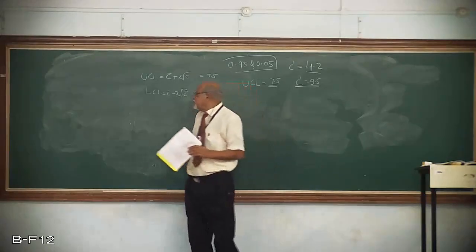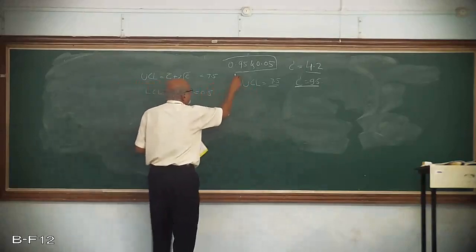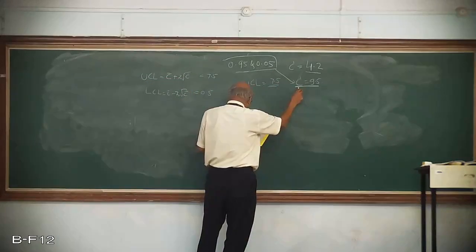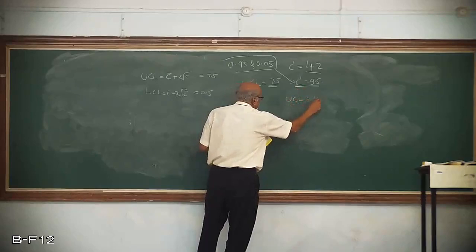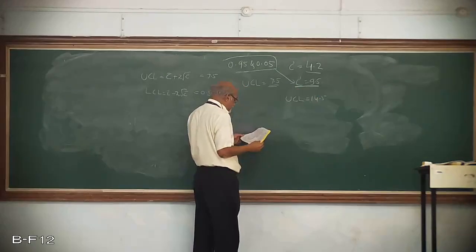So the upper control limit for C prime equal to 9.5 is going to be 14.5. And the lower control limit we can find out as 0.004, that is between 2 and 3.